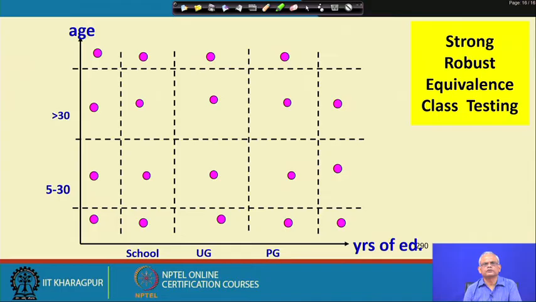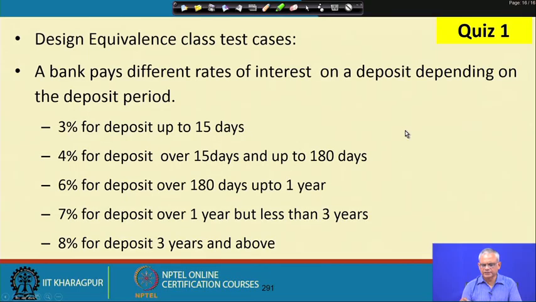But we might also like to consider the invalid values for both the parameters, and then we call it as robust equivalence class testing, and here the number of test cases required is the total number of valid equivalence classes for one parameter plus the number of invalid equivalence classes, and similarly the number of valid and invalid equivalence classes for the other parameter.